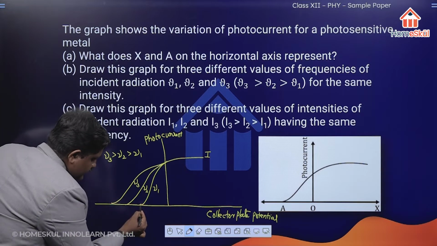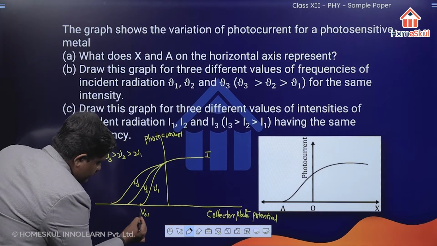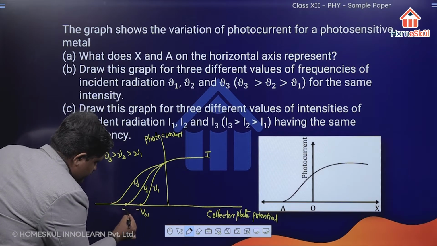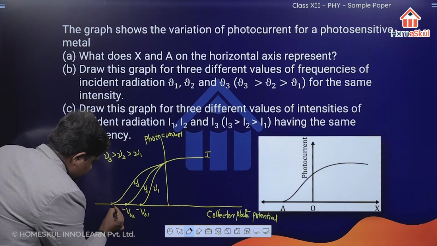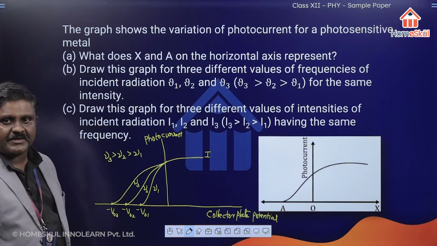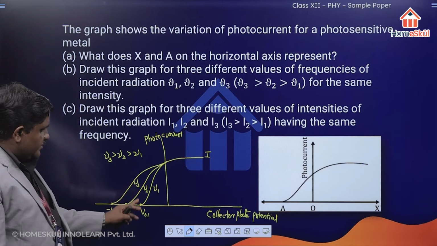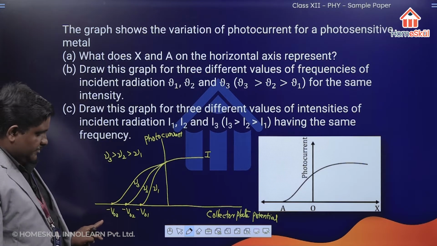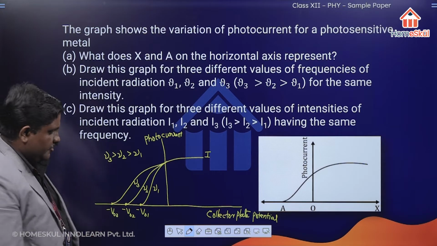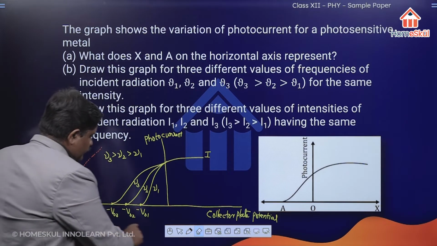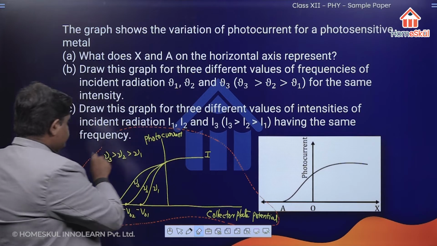This is V01, this is minus V02, and here it is minus V03. That means for different frequencies, there are different stopping potentials. So this is the answer for sub-question B.